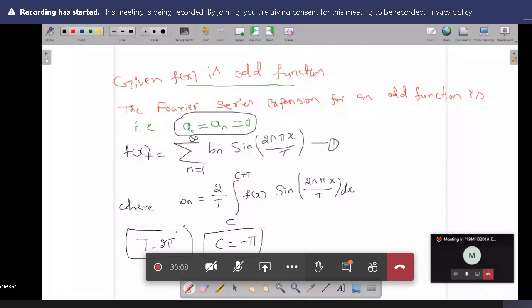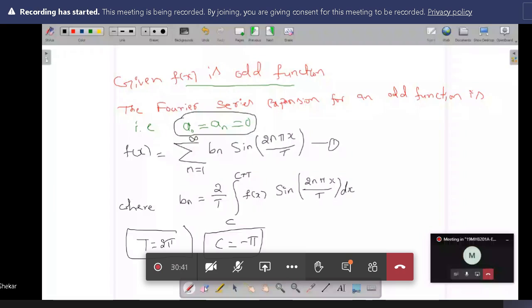So f of x is equal to the summation n from 1 to infinity of bn into sine 2n pi x by T, which we call equation 1, where bn is defined as 2 by T integration from c to c plus T of f of x into sine 2n pi x by T into dx.